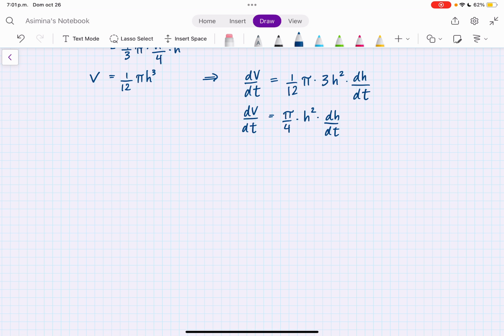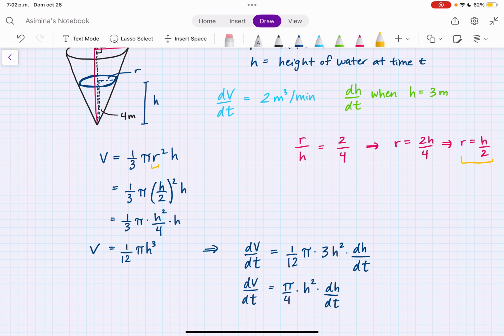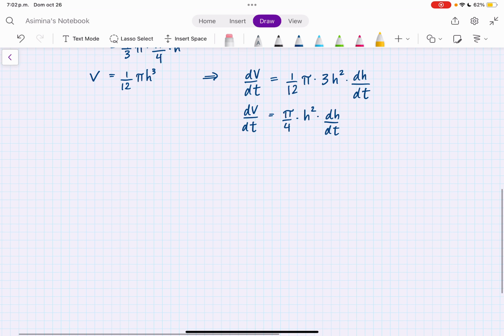Okay, now I see that I have some variables. I have dV/dt, h, and dh/dt. Now, what is it that I know and what is it that I want to solve? Well, I know that from earlier, dV/dt is 2 meters cubed per minute. And I want to find dh/dt when h equals 3 meters. So first I can solve for dh/dt, to get that by itself on one side.